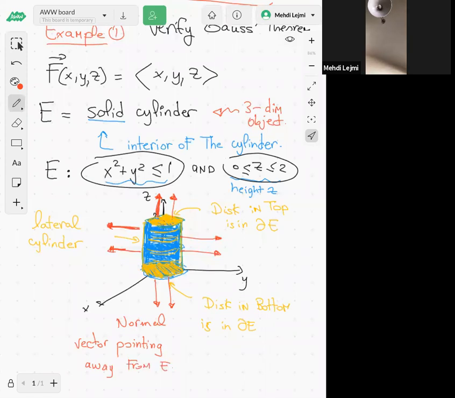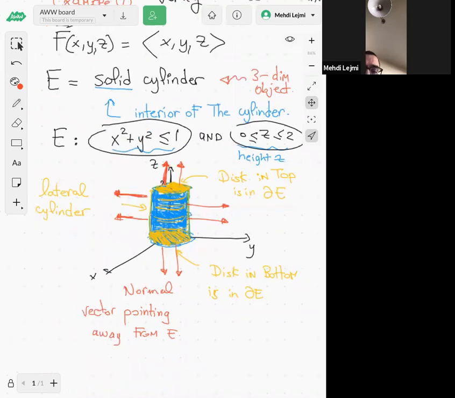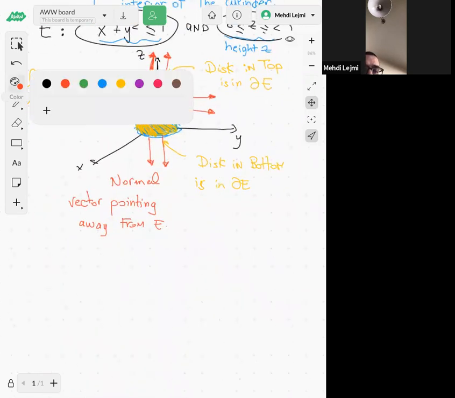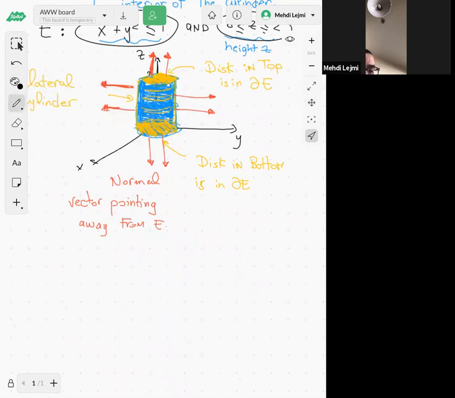Anyway, so let's try to verify Gauss theorem, right? So we have the following formula of Gauss theorem. What does it say again?